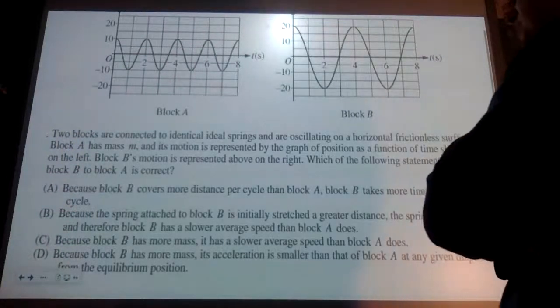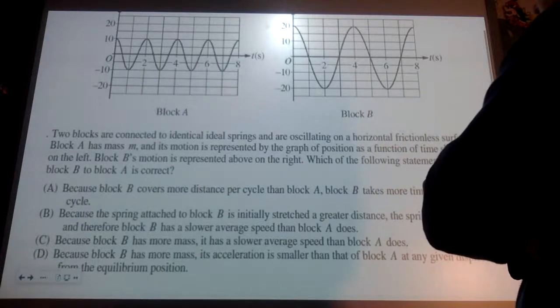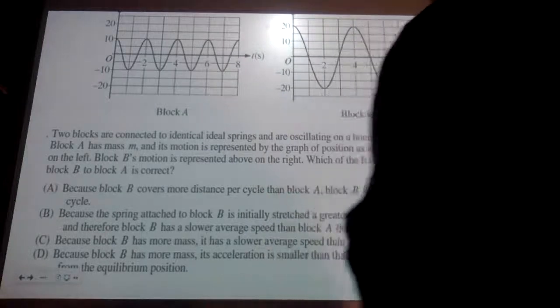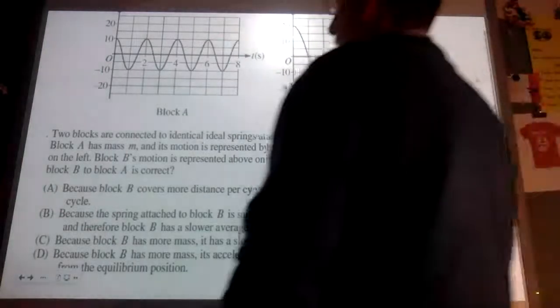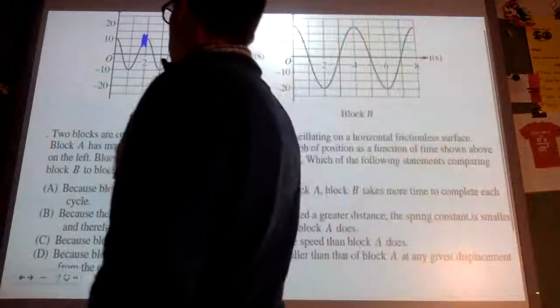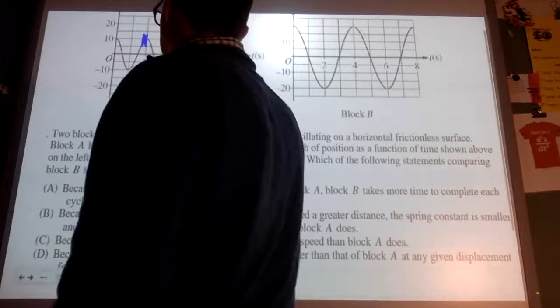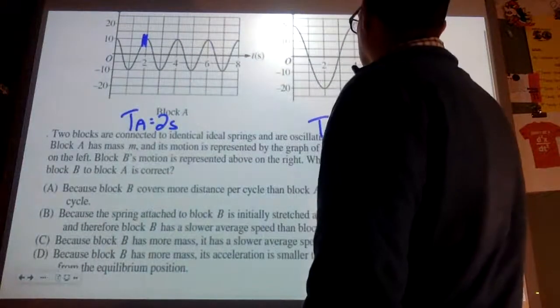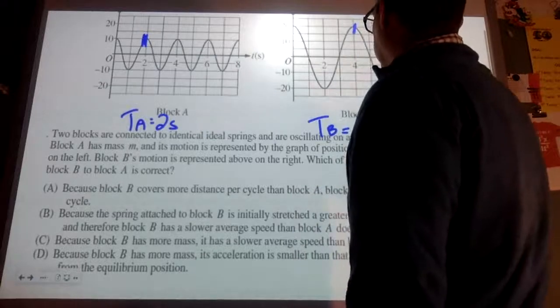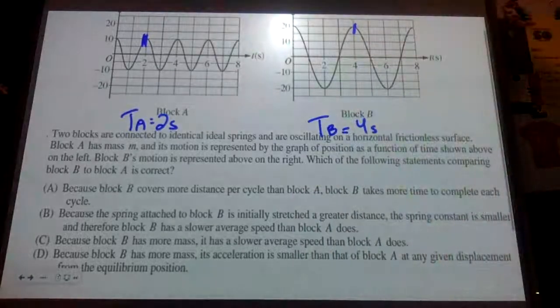Because block B covers more distance per cycle than block A, block B takes more time to complete each cycle. The period is 2 seconds for block A. The period for one cycle for block B is 4 seconds.